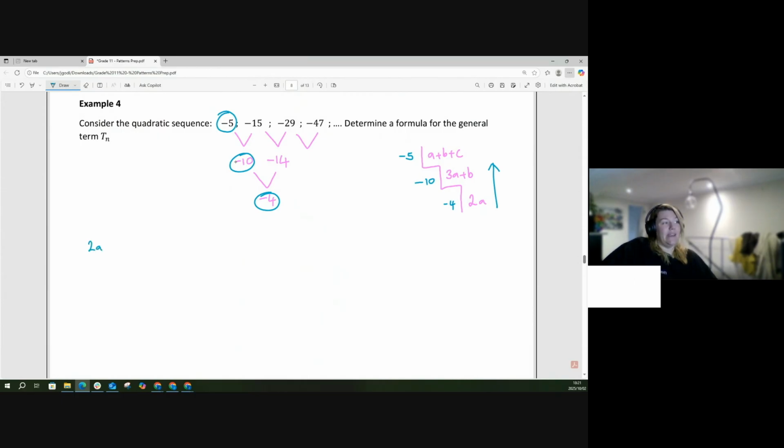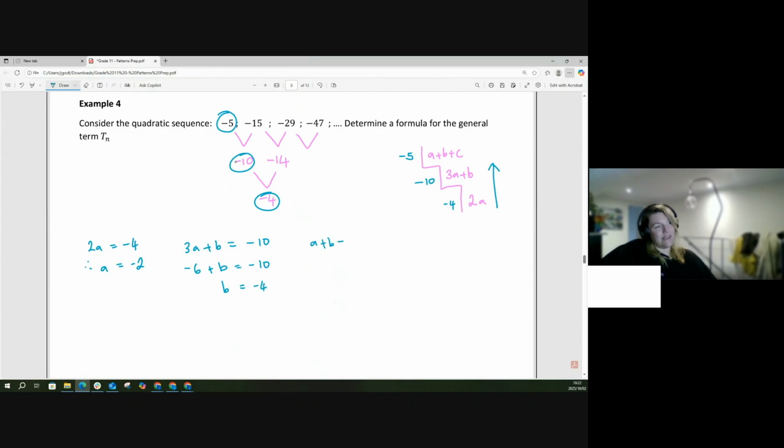So 2a equals -4, which means a is equal to -2. 3a plus b is equal to -10. So -6 plus b equals -10, which means b is equal to -4.